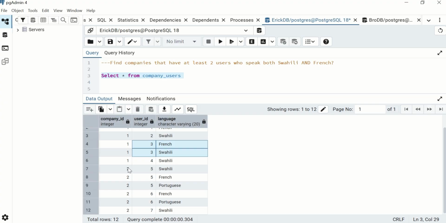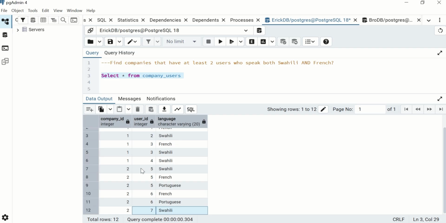So let's go to company two. In company two, we have three users, 5, 6, and 7. User 5 speaks three languages: Swahili, French, and Portuguese. User 6 speaks French and Portuguese, and user 7 speaks only Swahili. But the question is only interested in users speaking both Swahili and French.